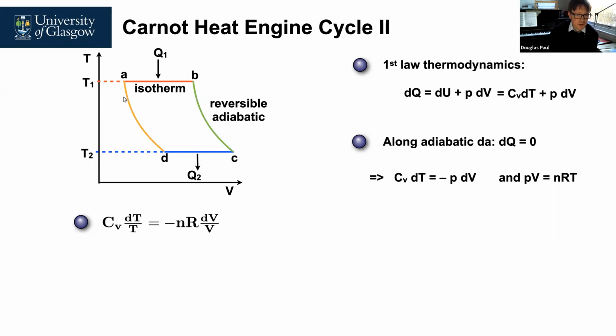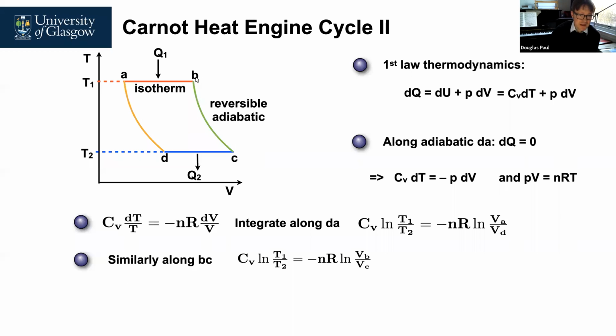Here we've got a change in temperature between T1 and T2, and we've got a change in volume between D and A. So we integrate along DA, and we end up getting CV times the log of T1 over T2 equals minus nR log VA over VD.